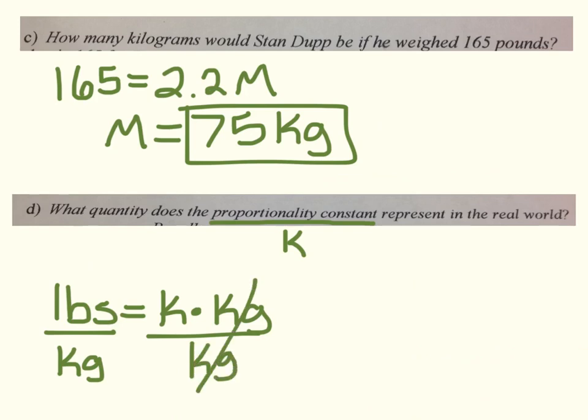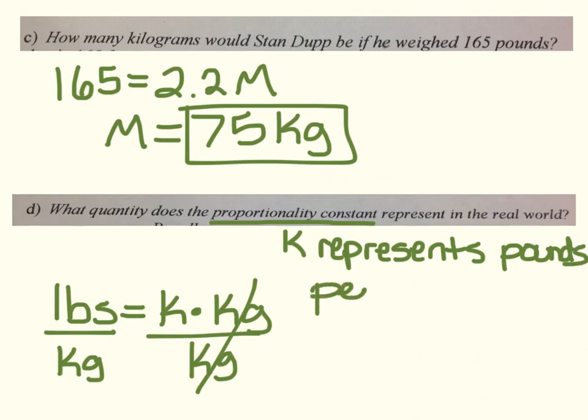So that means that the units of K are going to be pounds per kilogram. K represents, and you write it in a full sentence, K represents pounds per kilogram. And that's how you do those kinds of problems.